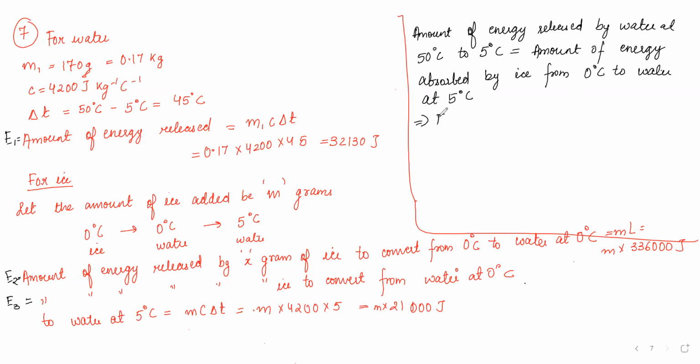This implies E1 will be equal to E2 plus E3, which further implies that 32130 will be equal to 336000 M plus 21,000 M. So this implies how much will this be equal to, children?